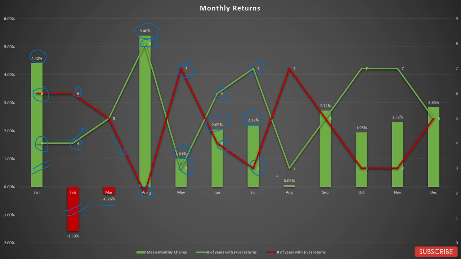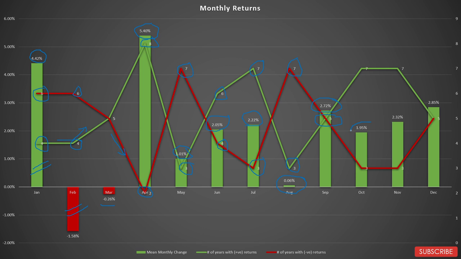Now, August is completely opposite. August has very poor returns, I would say, of 0.06%, almost negligible returns in the last 10 years, with 7 years negative and only 3 years giving positive returns in this month. September, 2.72%, so a good month for this sector, 5 positive and 5 negative.